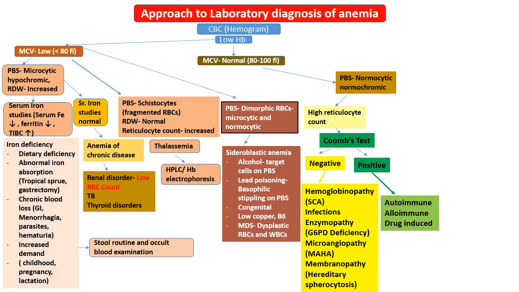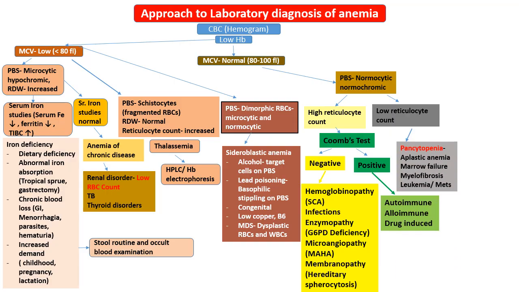Now, if the MCV is normal, PBS is normocytic normochromic, and the reticulocyte count is low, the next feature which you have to see is whether there is pancytopenia. That means all the cell lines, that is RBCs, WBCs and platelets are decreased.